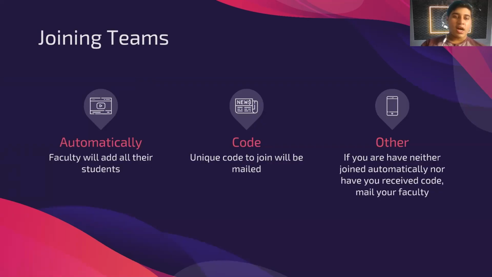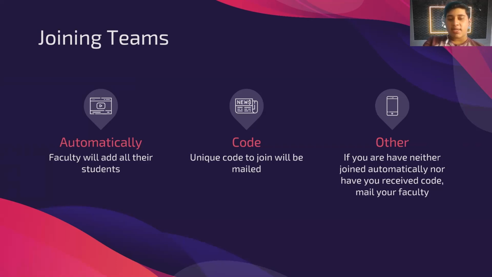So let's understand how you're supposed to join these teams. Now there are three different ways. First is automatically, where your faculty will automatically add you to the team, and the other way is a code, where your faculty will give you a unique code by mail using which you will have to join the team.